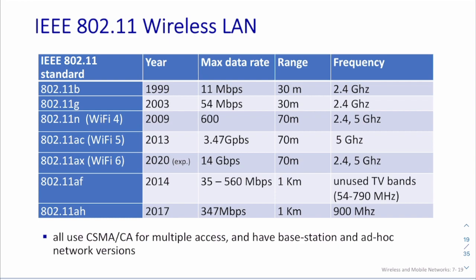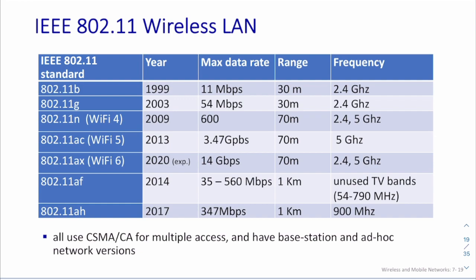So you can see that the maximum rate starts from 11 megabit per second to several gigabit per second. For example, Wi-Fi 6. Currently we have Wi-Fi 6 machines, so it is a very big progress of wireless transmission, right? And the range is from 30 meter to 7 meter.